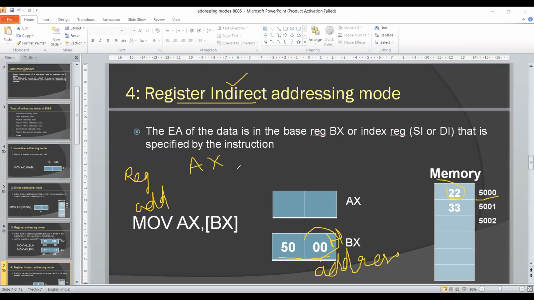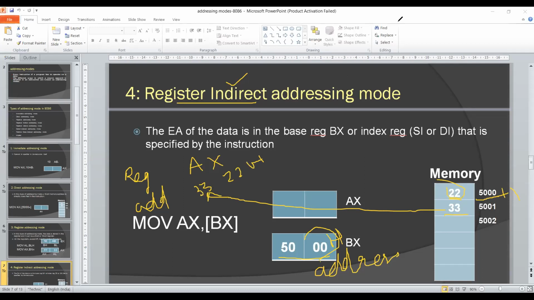Then plus 1 location, 5000 plus 1 is 5001. The data stored in the 5001 location will be transferred to AH. So 33. So the complete data 3322H will be copied into the AX register. Now is it clear?